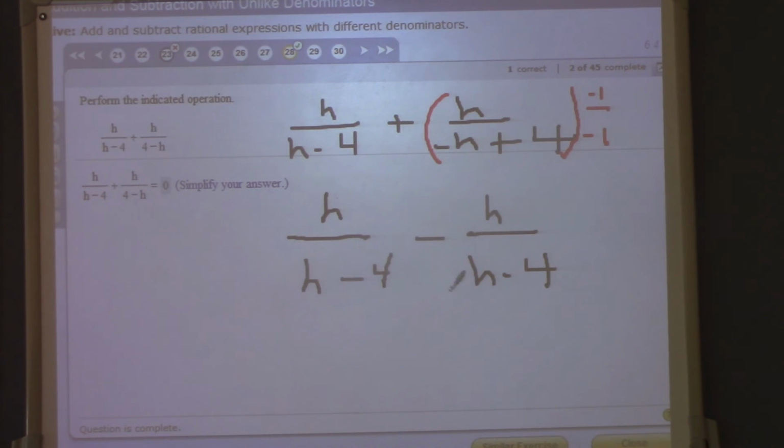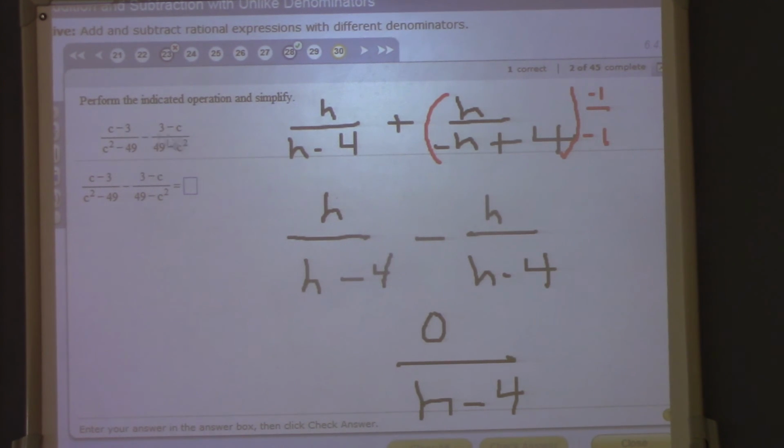And now you've got the same denominator. Now it's 0 over h minus 4, but usually it doesn't do that. Usually you have a 2h up here or a 4h or something. But this time it just canceled out because the algorithmic generator just put up 2 h's instead of another number. So most of the time you'll get something up here.